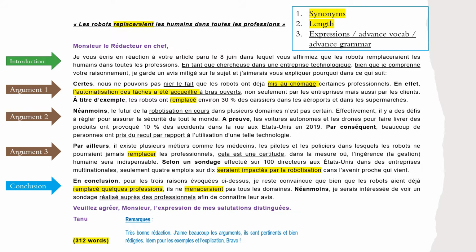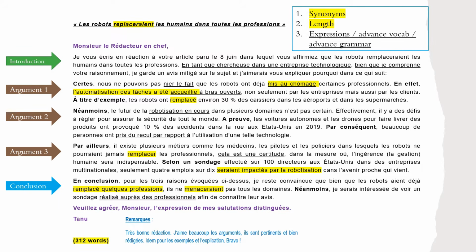In the second argument, if you look at the last line, I'm using this expression pris du recul par rapport à. It is a very good expression. Then in the conclusion, I'm using réaliser auprès des professionnels. This is also a good expression. Now, if you look at it more closely, you'll notice I'm using different tenses: passé composé, présent, conditionnel, future.